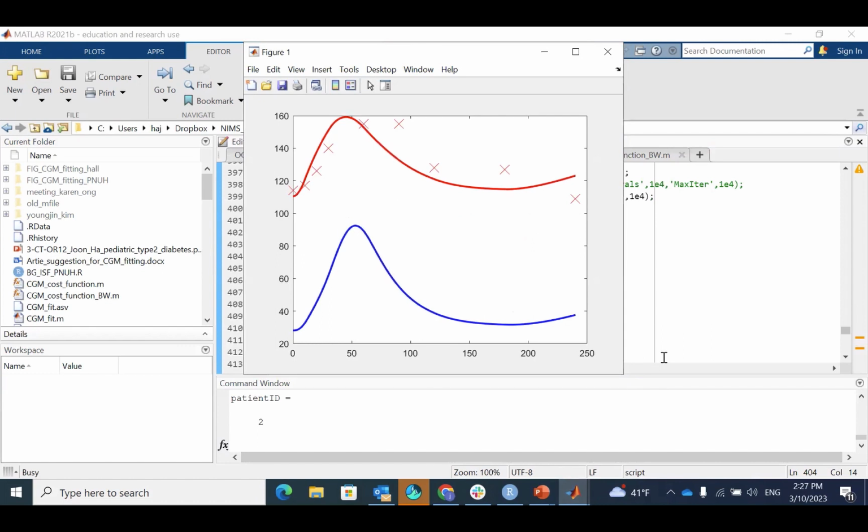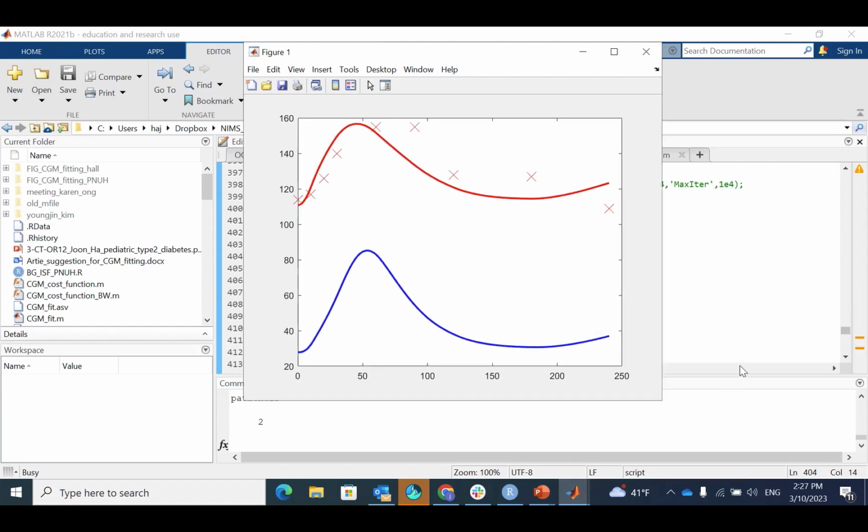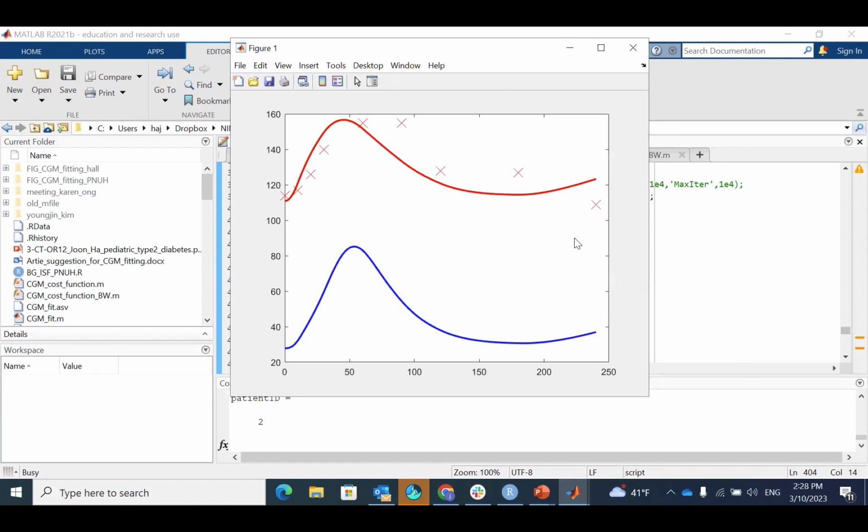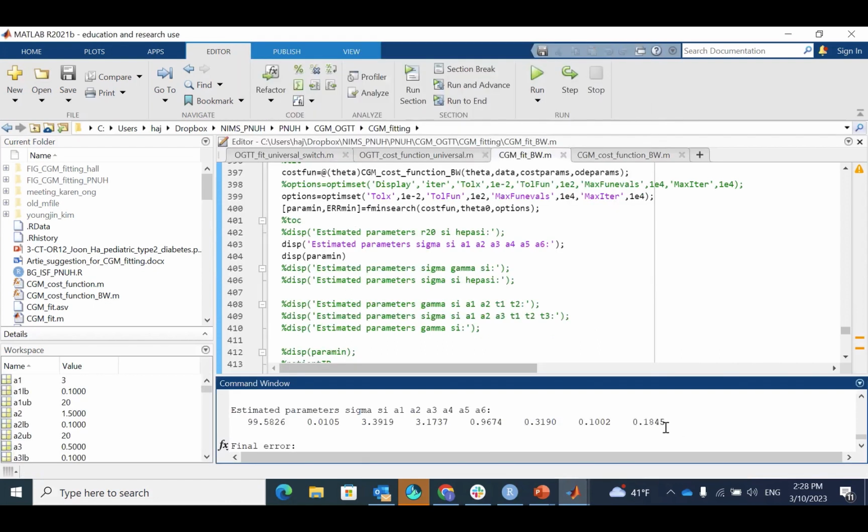So now it takes a little bit of time, but now they want to report the SI and sigma value. Now, reported here, sigma is 99 and SI is 0.01.